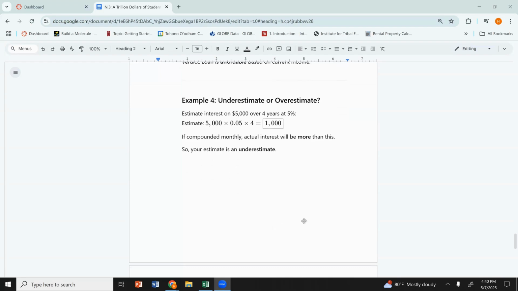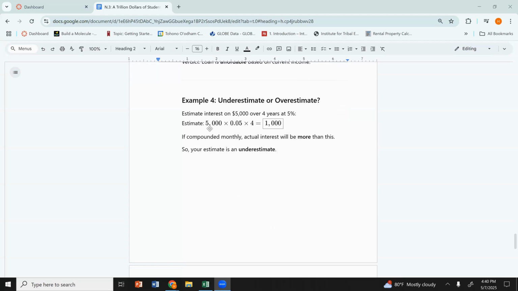Example number 4, underestimate or overestimate. Estimate the interest on 5,000 over 4 years at 5%.